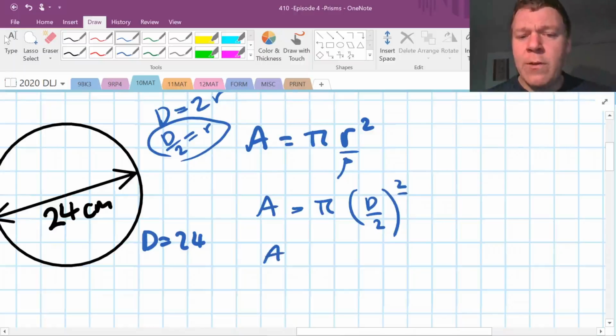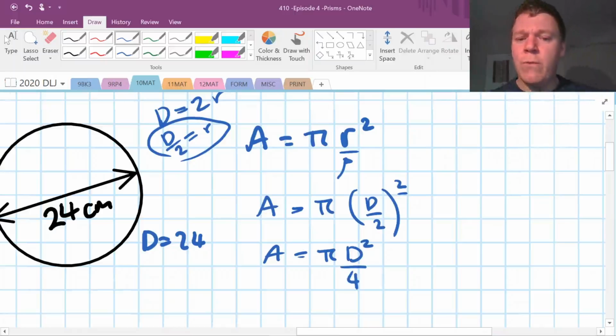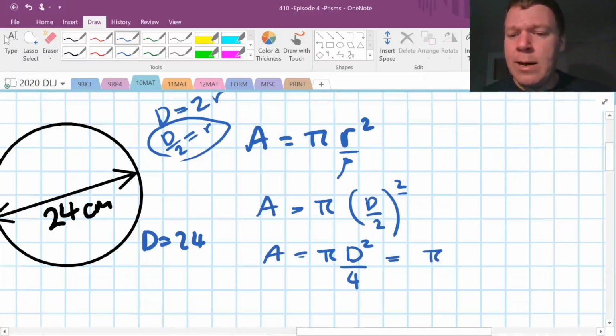So our final formula is area equals pi times D squared, and divided by 2 gets squared, so we actually divide by 4. 2 squared is 4. So this formula, area equals pi D squared over 4, is the same formula as pi R squared.